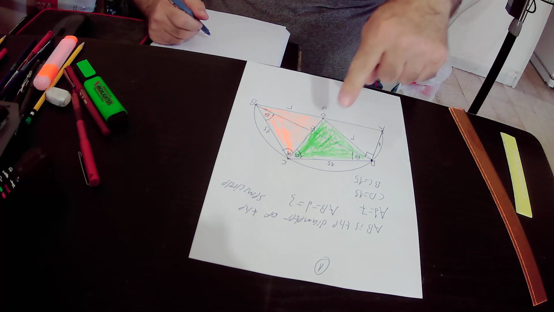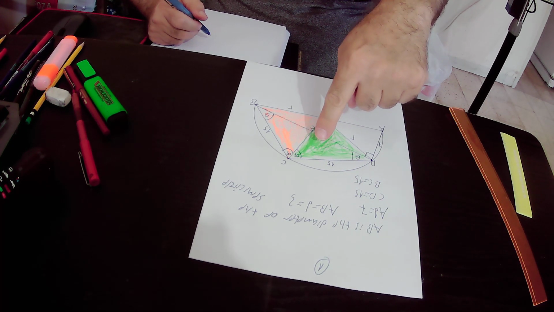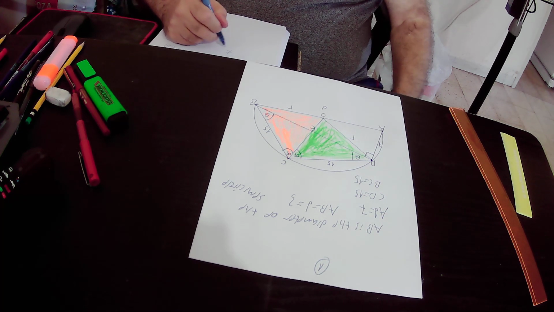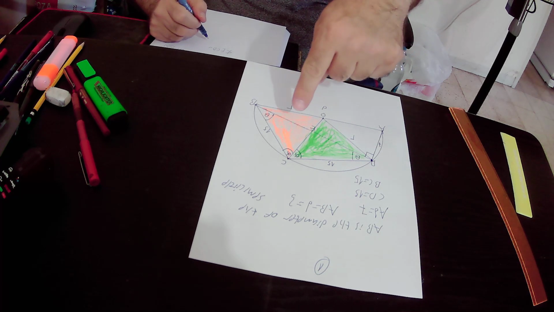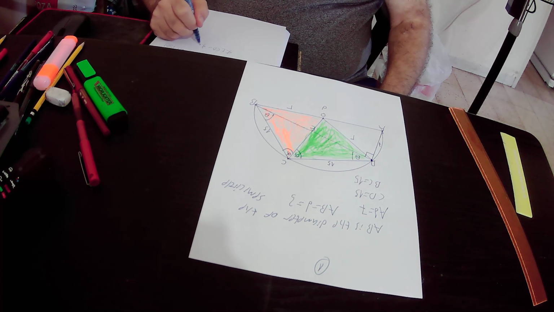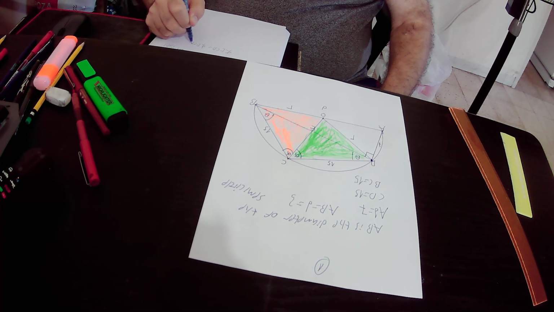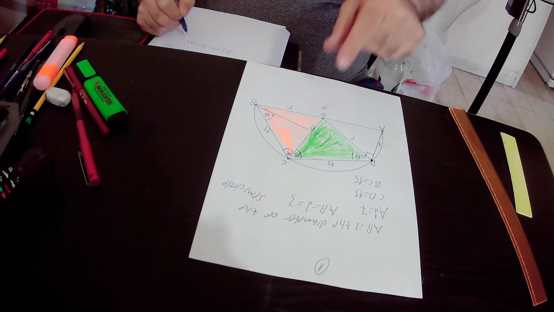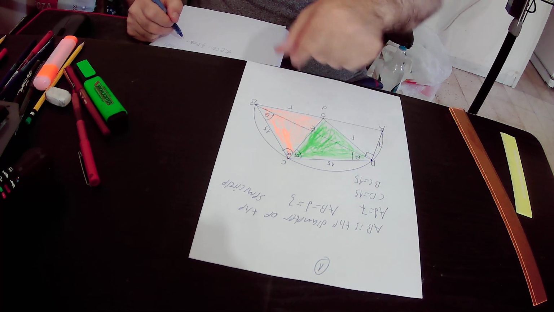And angle ECD in the green triangle equals angle ECB in the orange triangle. We found out that both those two angles are equal to alpha.